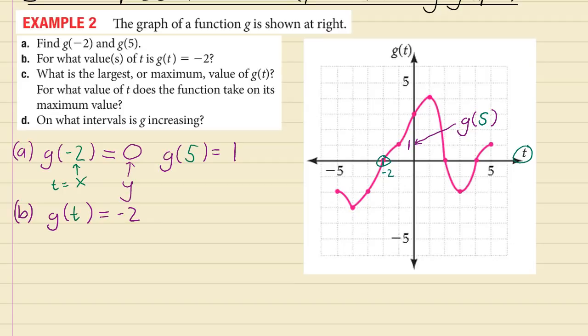Now this is saying the output is -2, or in other words, y equals -2. So this is kind of like asking the question, what values of t make y equal to -2? So we're going to look at where y is -2 at all of these points here.